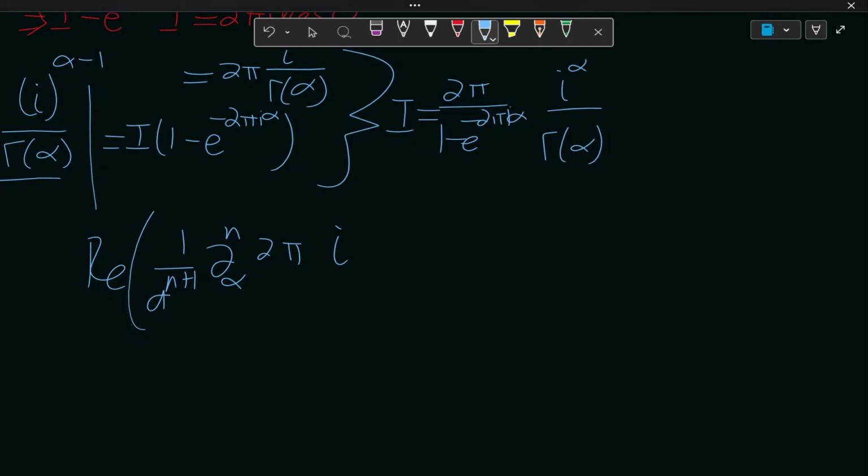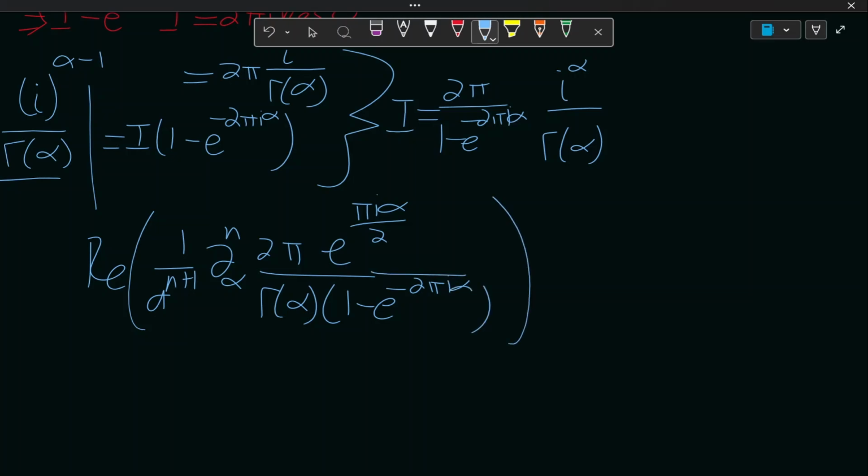But i to the alpha we can actually rewrite as e to the pi i alpha over 2. That's just because the natural log of i on the principal axis, at least, is just pi i over 2. And then we just have to divide that by gamma of alpha, and then 1 minus e to the minus 2 pi i alpha.